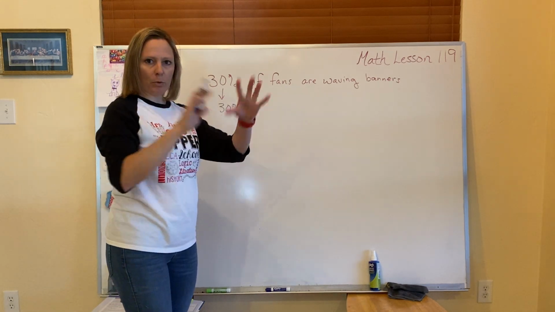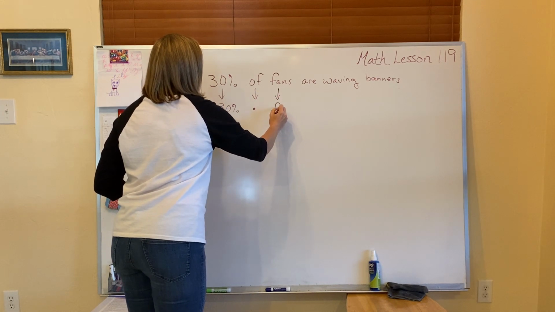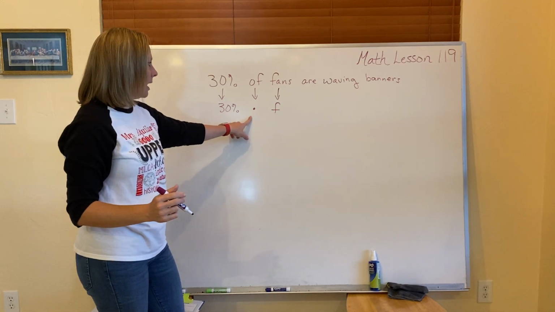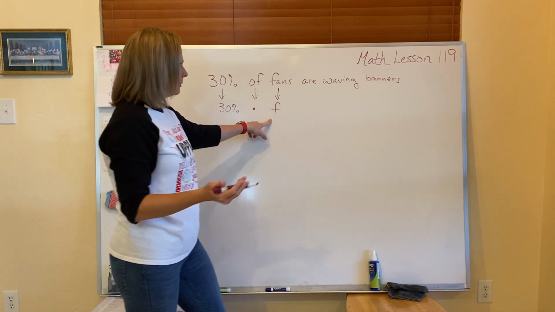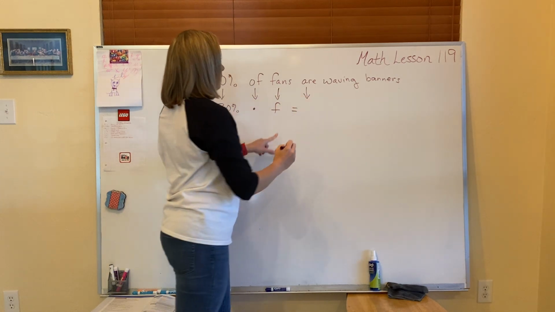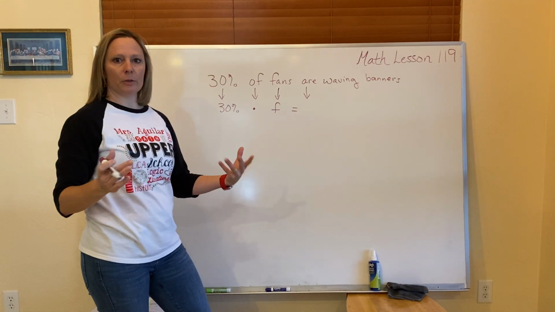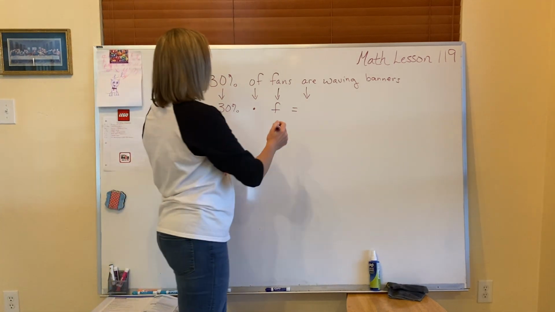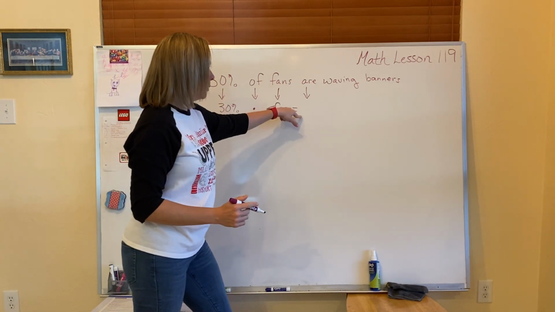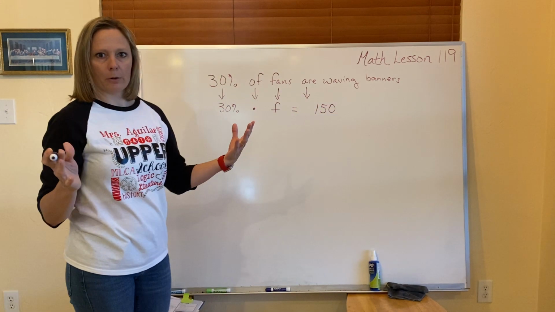Fans is our total number of fans, so we could say F or T for total. 30% times this number, F, we don't know what it is, waving banners, and we know that number they tell us is 150. So 30% times F is equal to the 150 that are waving the banners.